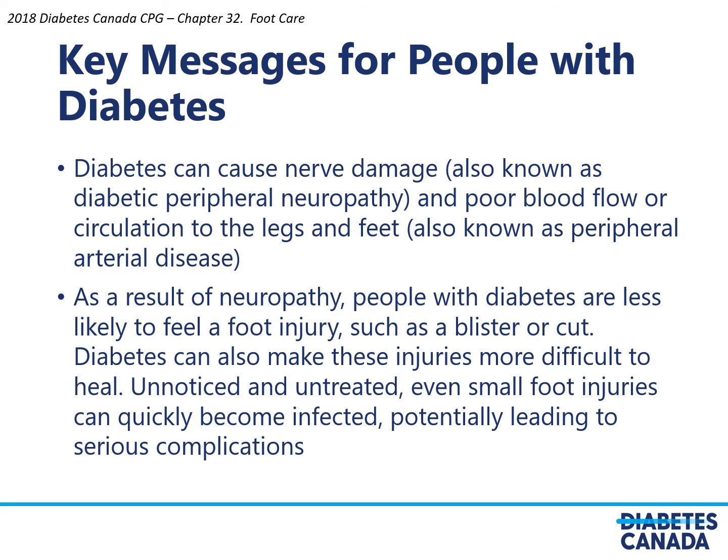As a result of neuropathy, people with diabetes are less likely to feel foot injury, such as a blister, or penetration, such as a puncture or a cut. Diabetes can also make these injuries more difficult to heal. Unnoticed and untreated, even small foot injuries can quickly become infected, potentially leading to serious complications.